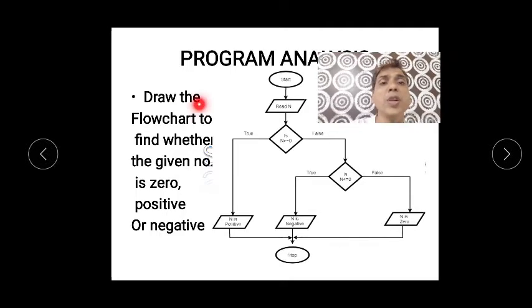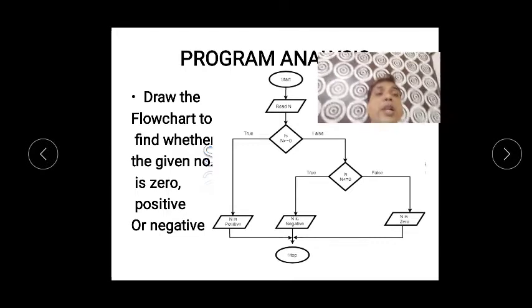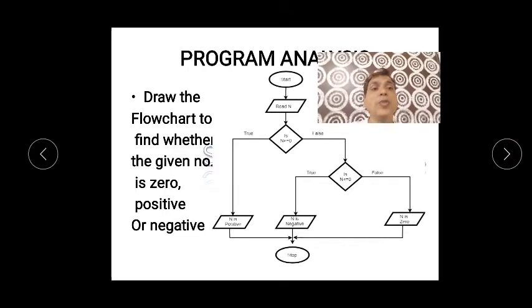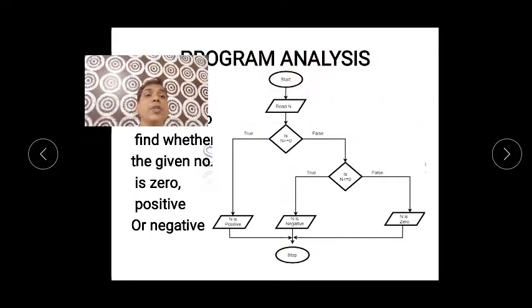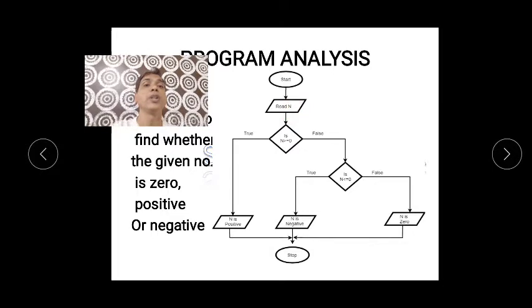Now one more flowchart. Draw the flowchart to find whether the given number is 0, positive or negative. You have to input one number and check whether that given number is 0, negative or positive. So start, read that number.